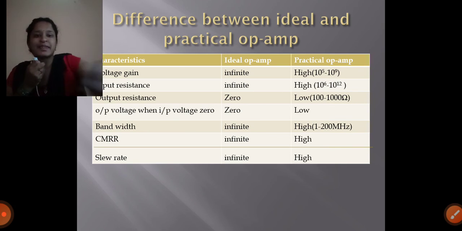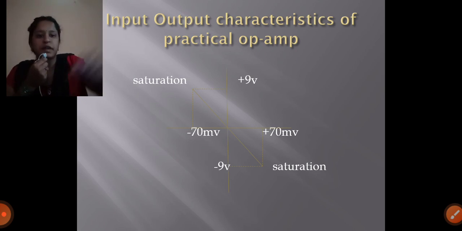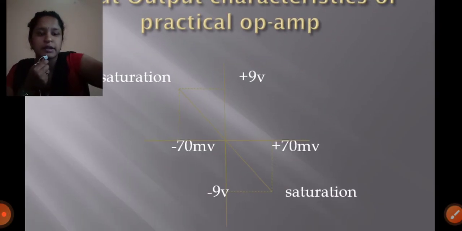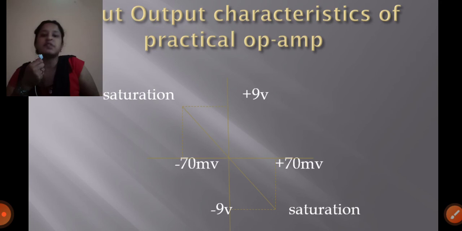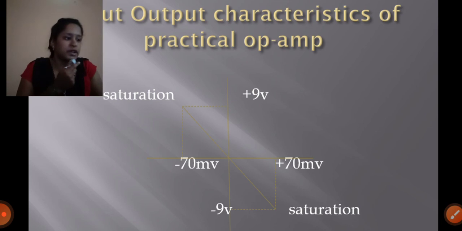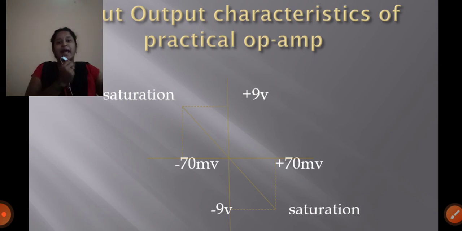Now we have discussed the next topic, the input and output characteristics of the operational amplifier. We have to see this one. This is the characteristics graph of the operational amplifier. This one is about the maximum output of an operational amplifier, which is limited, right?